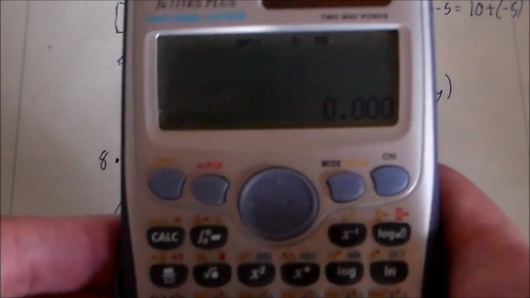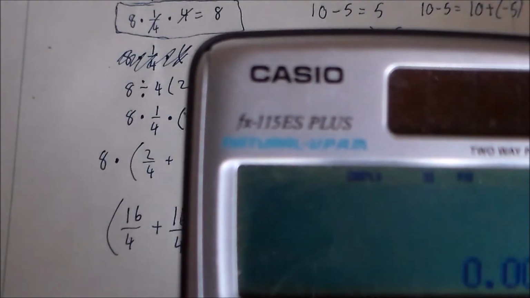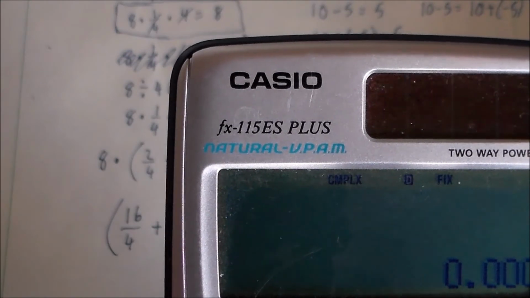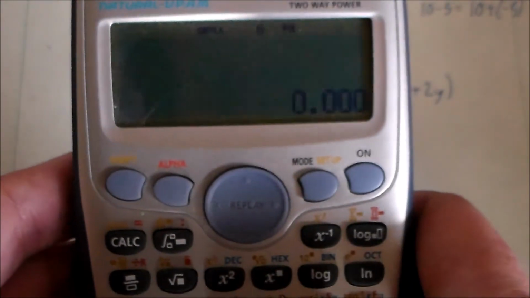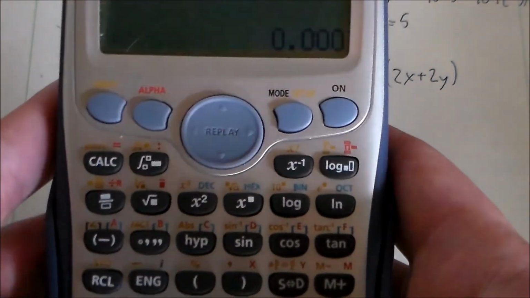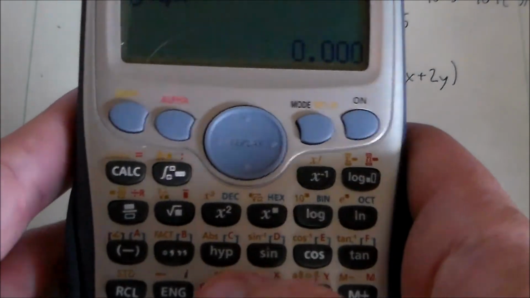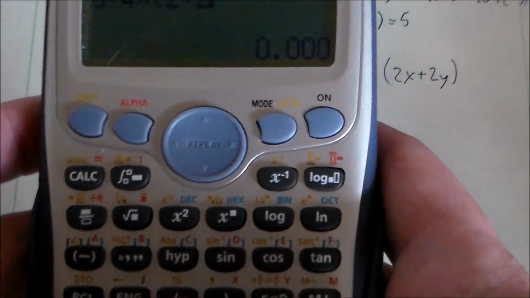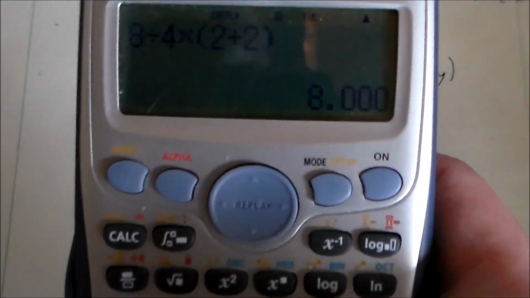Now, the last thing I want to show you, this is my beautiful FX-115ES Plus. This thing is my problem solver, baby. This does it all. Let's type that original problem in. We have 8 divided by 4 times, in parentheses, 2 plus 2. And that gives us 8.